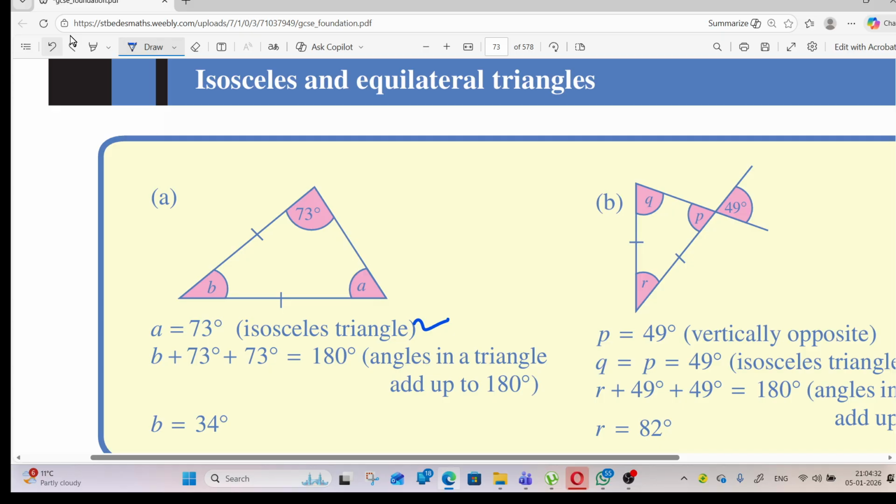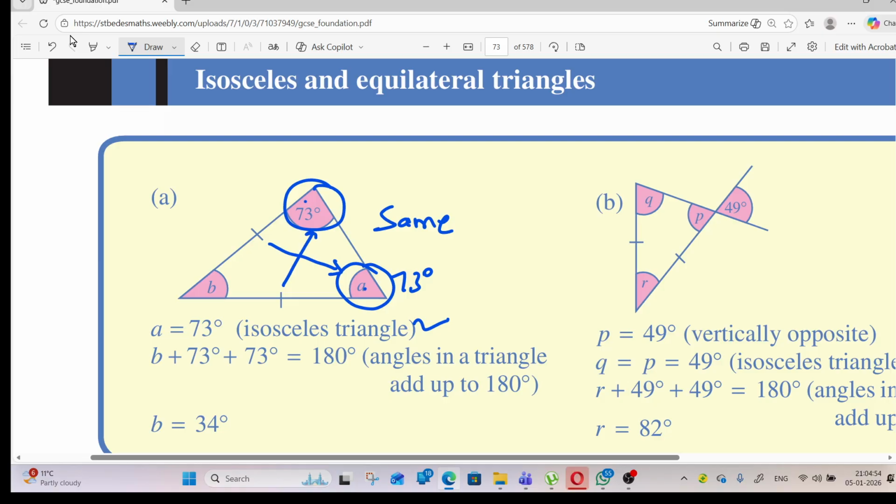The angle opposite to this side is A, and the angle opposite to this side is 73, right? So these two angles are going to be the same. So if this is 73, this is also going to be 73.